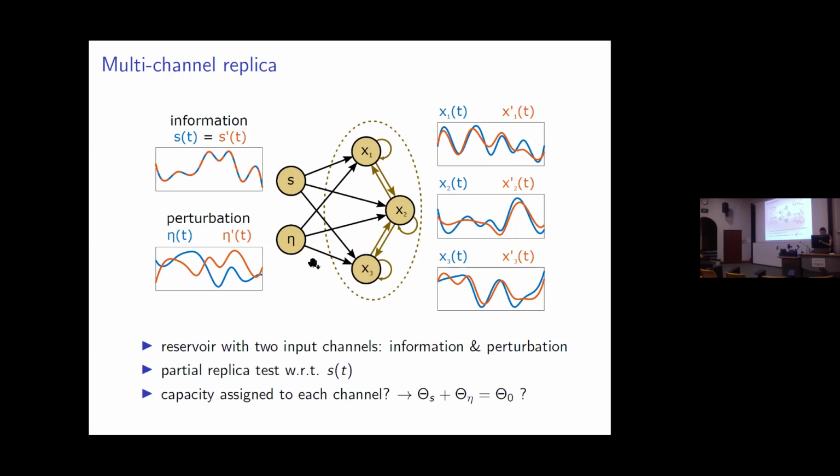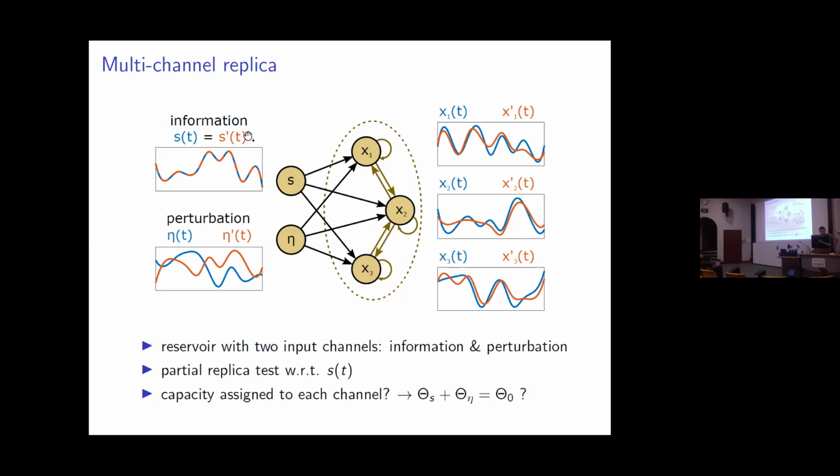Now, to disentangle this. In order to measure for multiple channels something like a partial capacity that is assigned to the individual channels, we modify the replica test. Previously the replica test was: you drive the reservoir repeatedly with the same input signal in order to examine its response to that repeated input signal. But here, we have 2 input nodes.